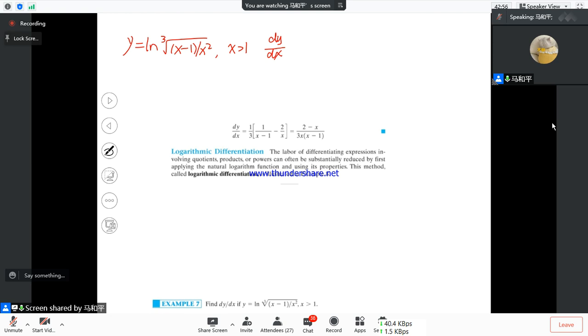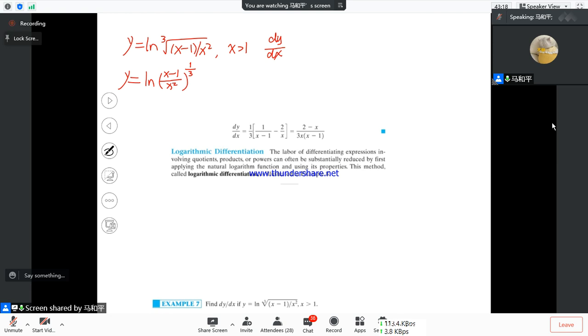I think this is the nice way to calculate dy over dx. First we write y is equal to ln of the cube root of (x minus 1) over x squared, so the power is 1 over 3, right?